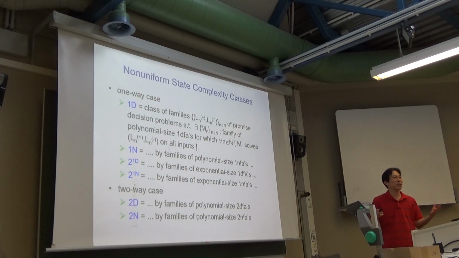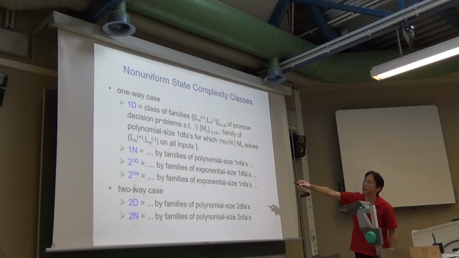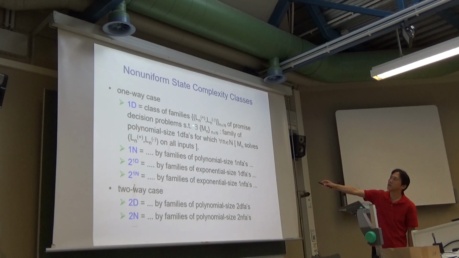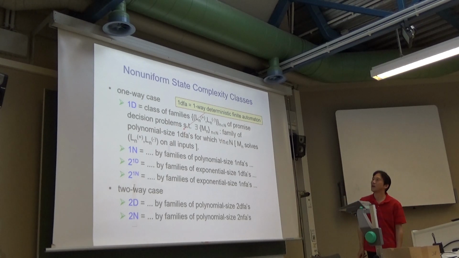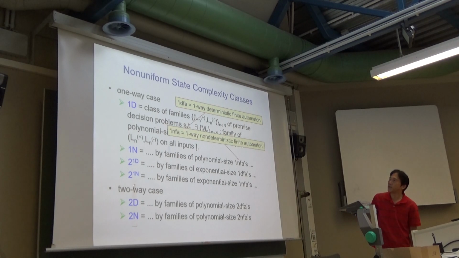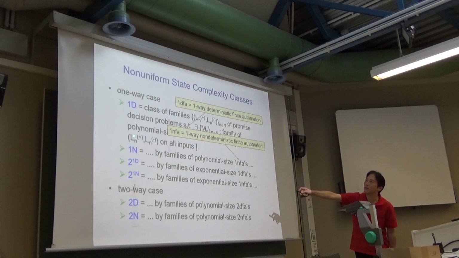So now we're going to introduce the complexity classes. 1D and 1N. The 1D is the class of families of promise problems that is solvable by a family of polynomial-size 1DFA. The 1DFA means the one-way deterministic finite automata. And if you replace DFA by NFA, then we get 1N. So the last letter stands for the machine type, deterministic or nondeterministic.